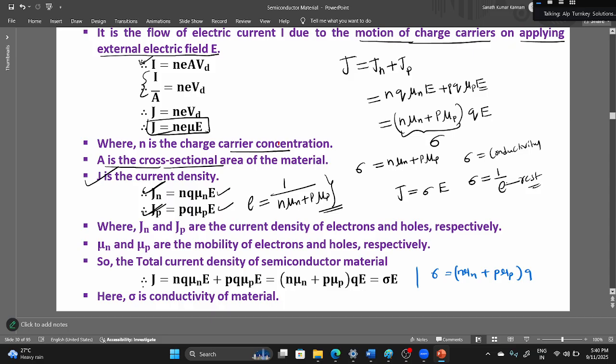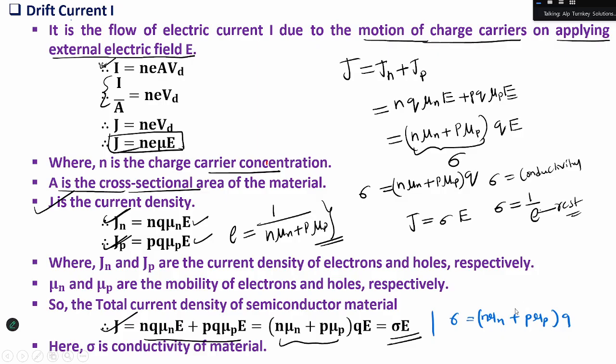The current density equals (n q mu n plus p q mu p) into E, which is sigma into E, where sigma is the conductivity. This is the current due to an applied external electric field. Any doubt in this? Give response so that I will move forward.